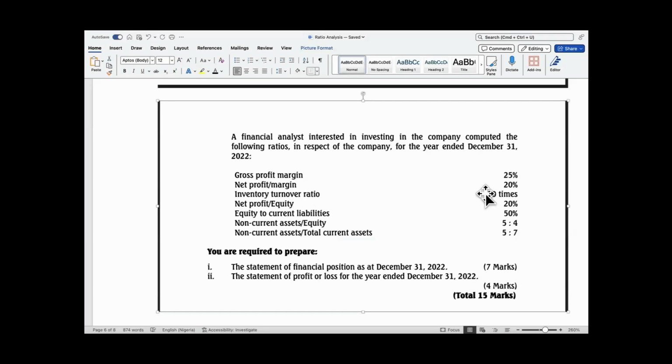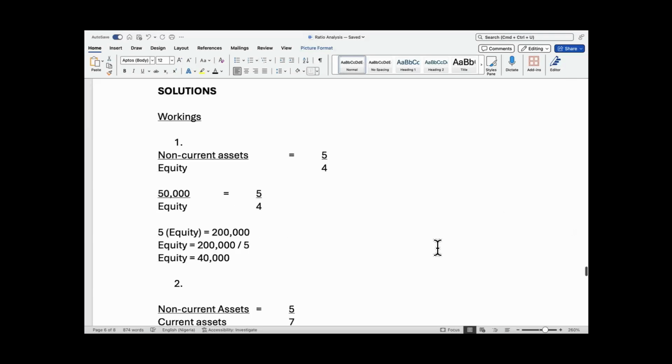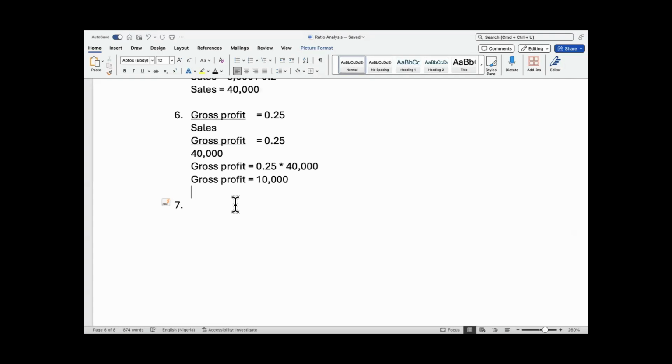So inventory turnover ratio of 10 times. Let's look at that. What's the formula for inventory turnover ratio? Let's use average inventory, though I advise that you should always use closing. Let's still stick to that advice, but because this is a special question that requires work back, let's explore a little bit. We said equal to 10 times, right?